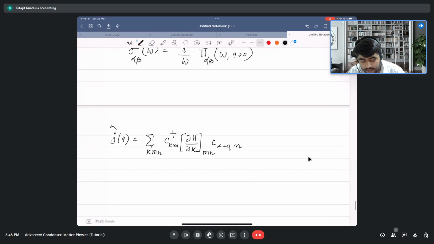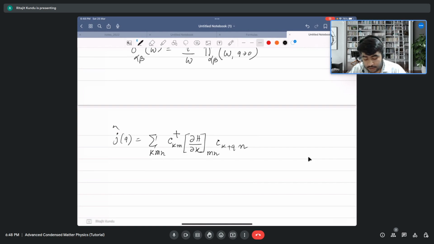This is how the current looks. You see that this has an additional matrix element, which was not present when we wrote the density operator in momentum space. So this is another degree of non-triviality added into this problem.